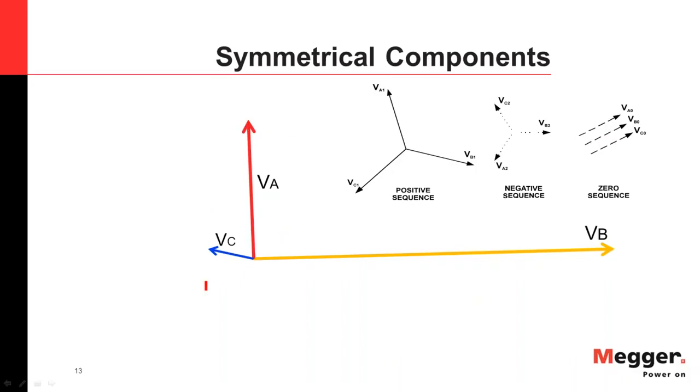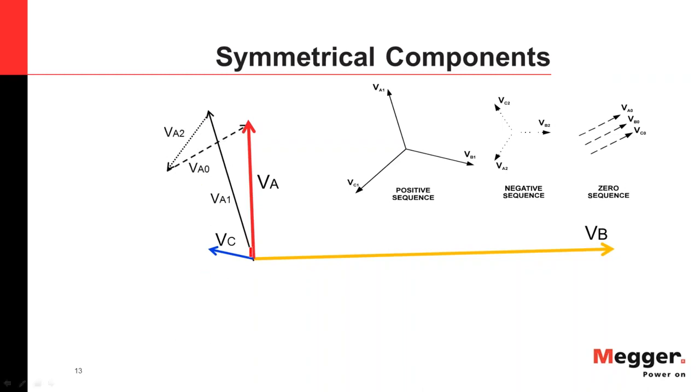Start with the phase A voltage. It is a combination of all three sequence vectors: the positive sequence vector, negative sequence vector, and zero sequence vector for A phase.